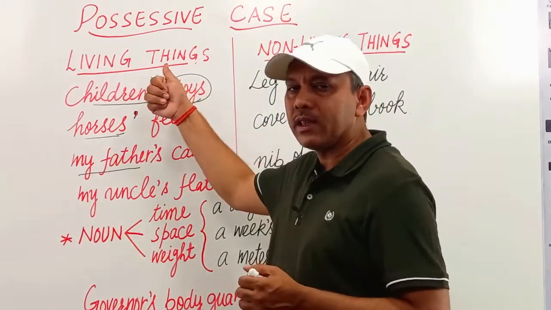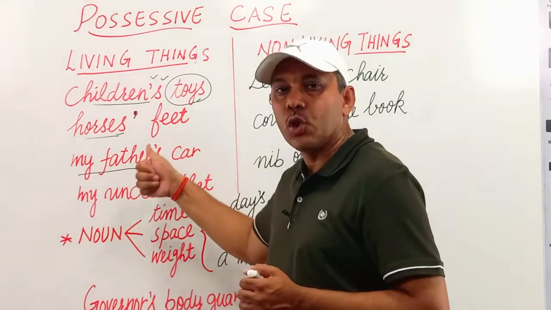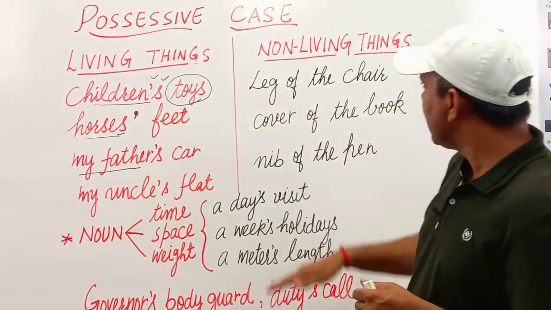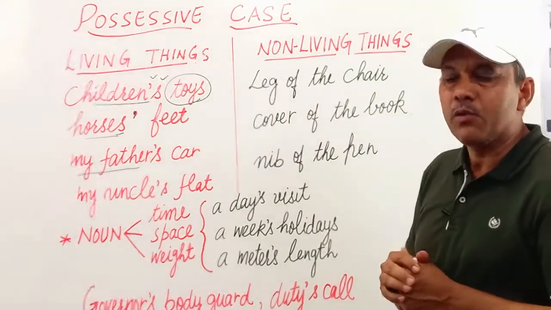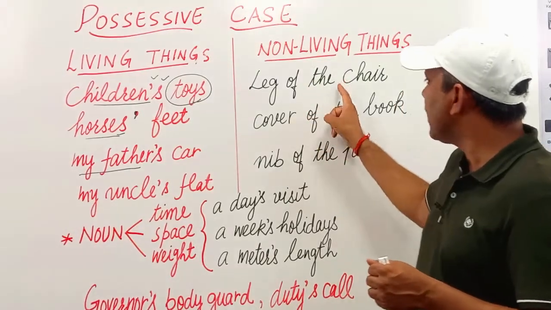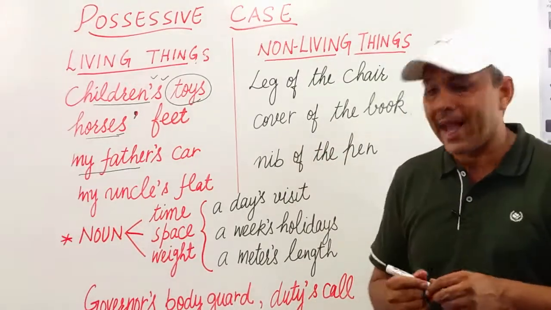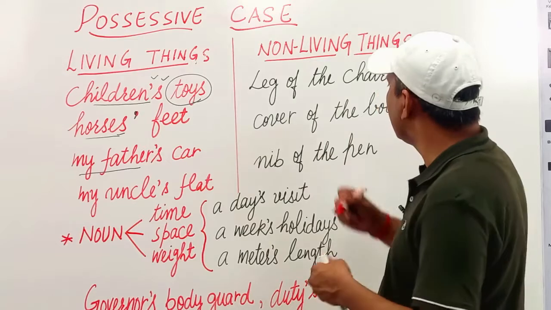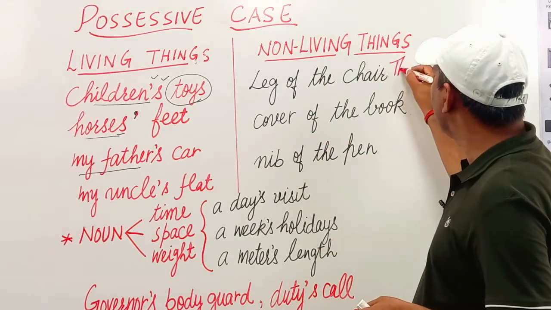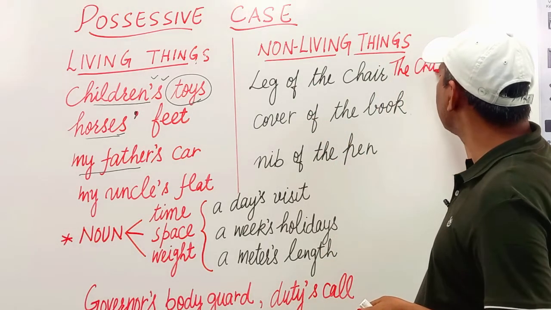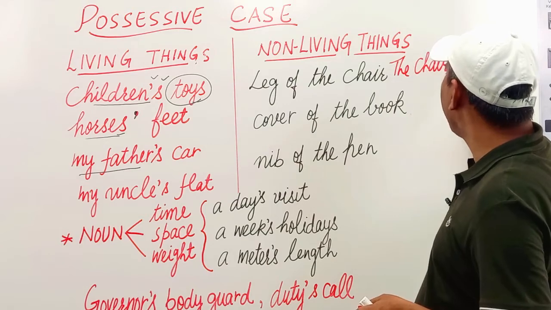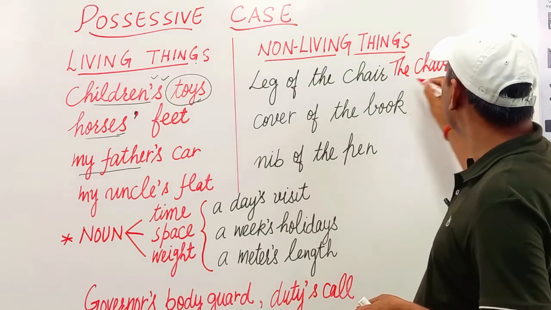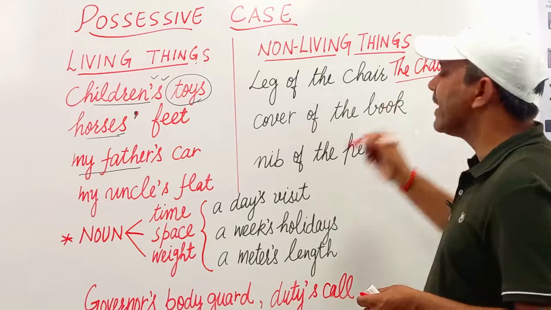In case of living things, we use apostrophe to show possession. But in case of non-living things, we shall never say the chair's leg. It is wrong to say grammatically.